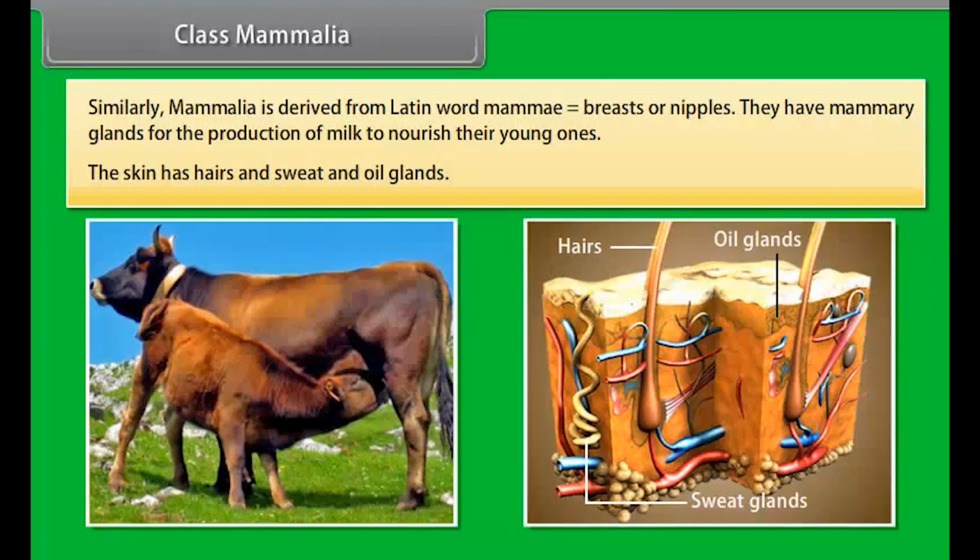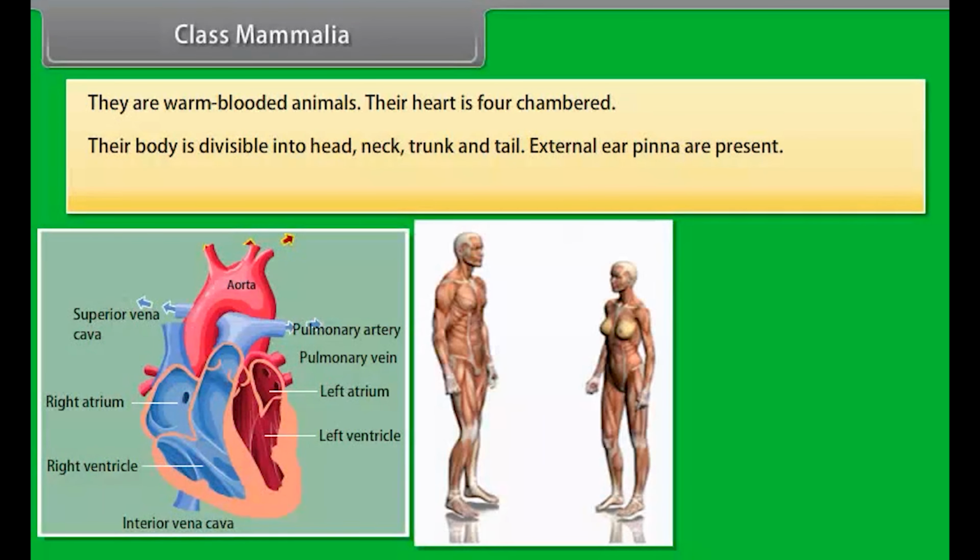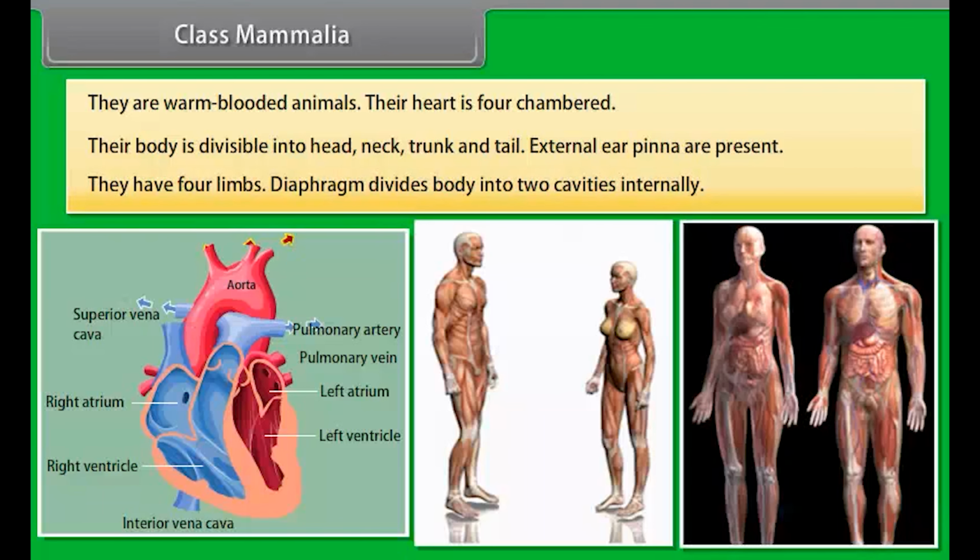They are warm-blooded animals. Their heart is four-chambered. Their body is divisible into head, neck, trunk, and tail. External ear pinna are present. They have four limbs. The diaphragm divides the body into two cavities internally.